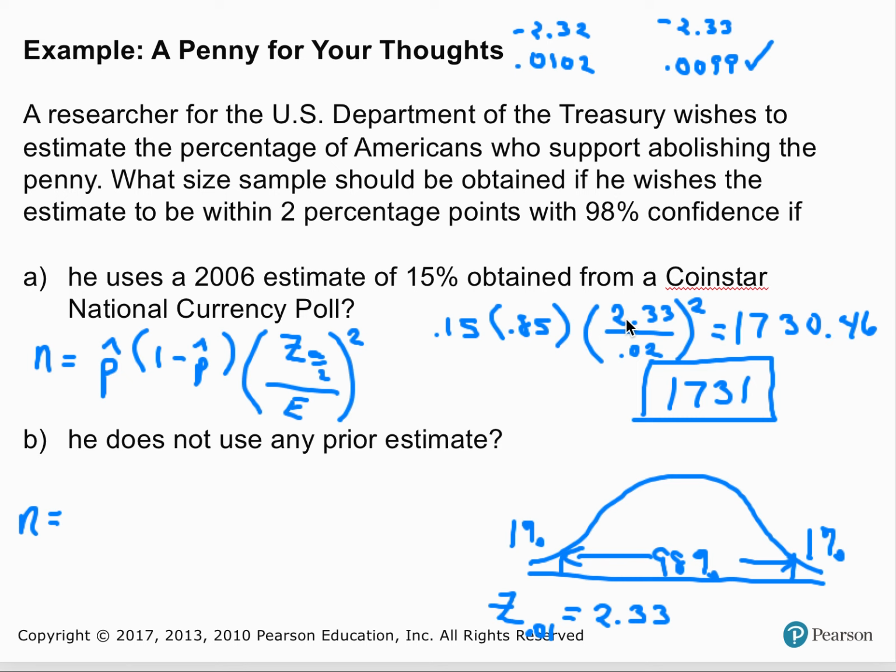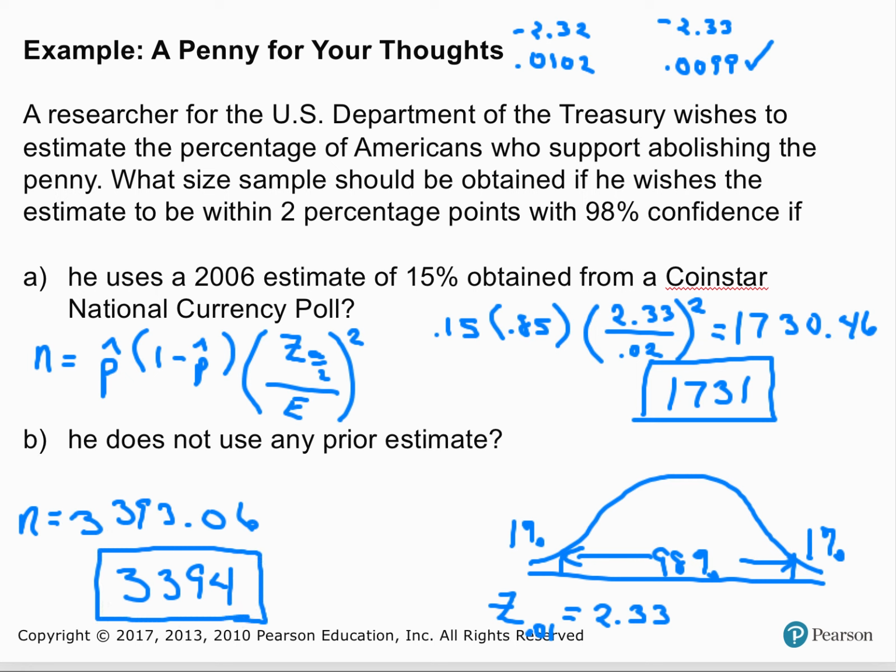Okay. And I get 3,393.06. So always rounding up, he would need 3,394 individuals if he doesn't have a prior estimate.